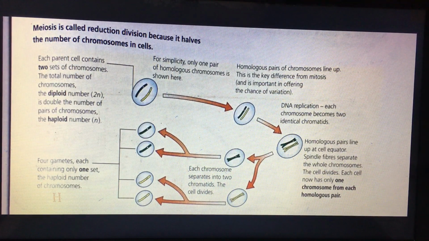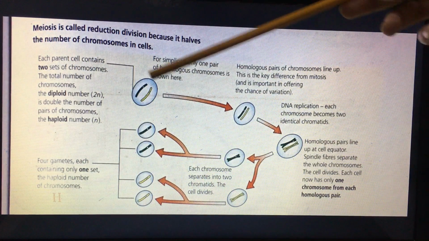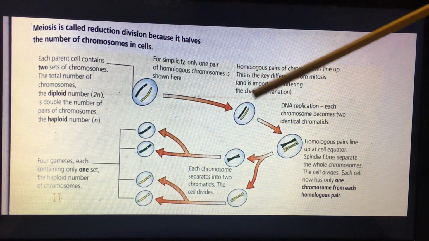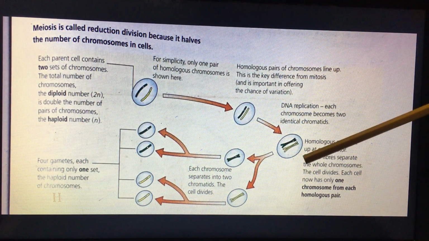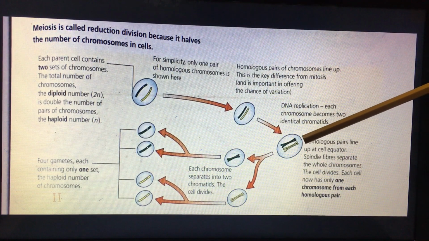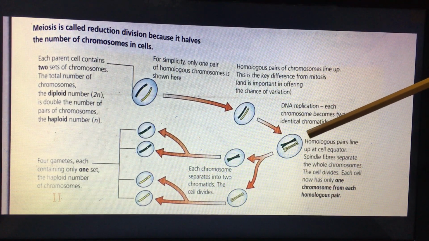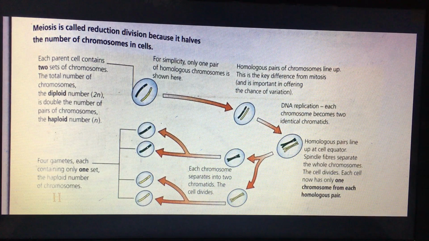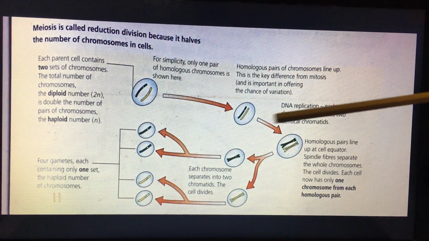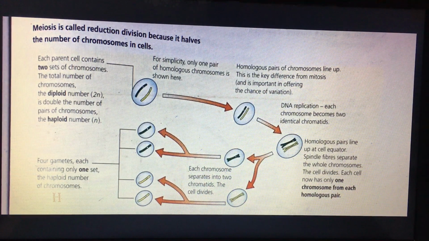So the process again: 2 chromosomes, they line up. After lining up, they replicate. After replication, the spindle fibers separate the whole chromosomes to form 2 cells.